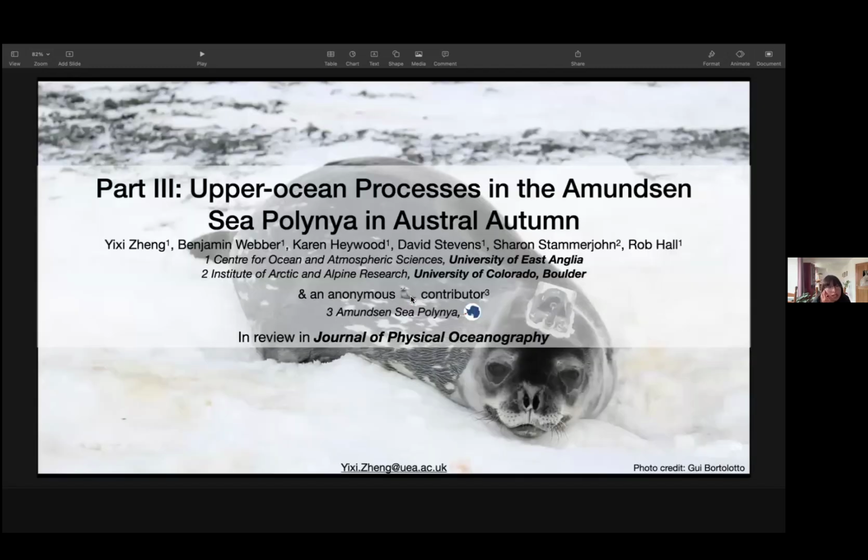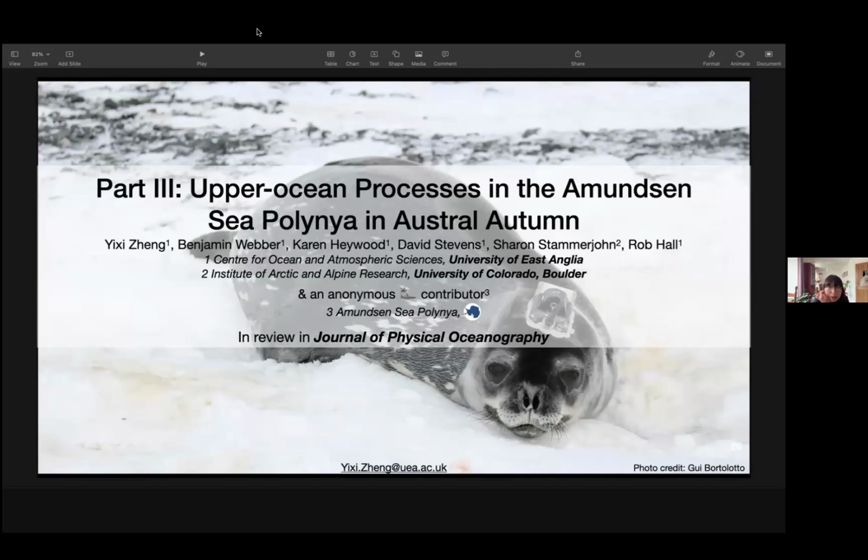Another part of my PhD, I was working on the upper ocean processes in the Amundsen Sea in Austral summer and Austral autumn. This part of work is in review in JPO now.